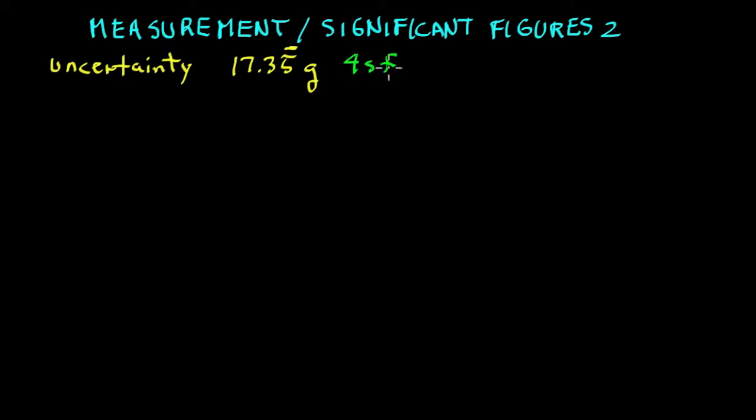Now, significant figures is defined as all numbers that are certain, or observed directly, plus 1 uncertain.